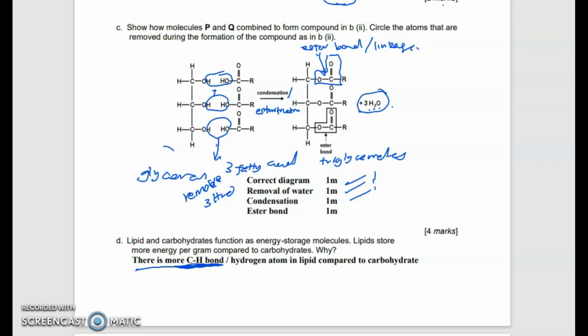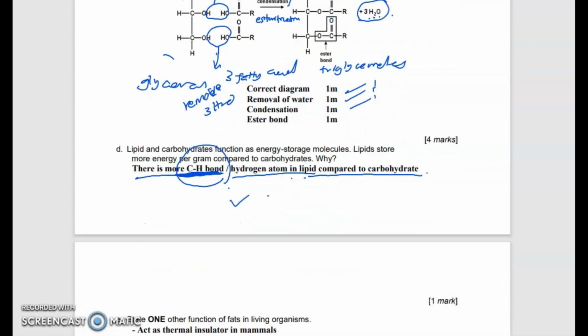Or you can also say it is because there are more hydrogen atoms in lipid compared to carbohydrate. But the best answer is this: lipid has more CH bond.